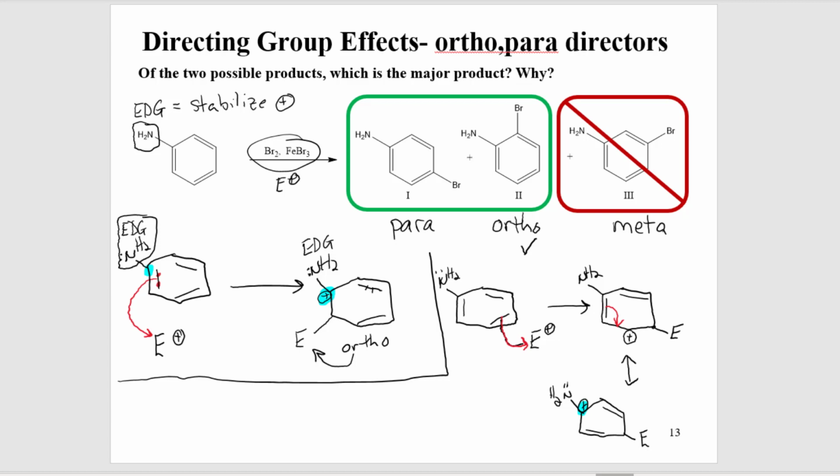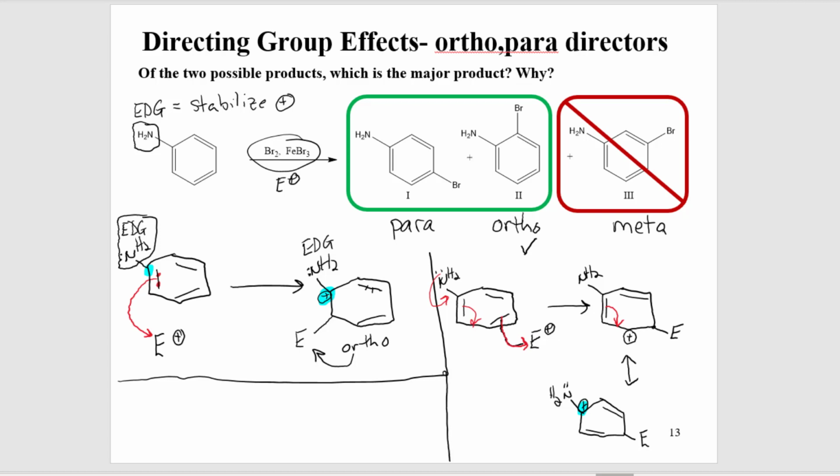I could have maybe even started at the donating group and pushed the electrons in and over and out. That again also puts it at the para position. Either way you look at it, that carbocation will fall at the best, most stable possible position. Why? Because it has an extra resonance by the donating group's nitrogen, or you could just say it has strong inductive forces. It's tertiary, but it's stabilized by that electron donating nitrogen.